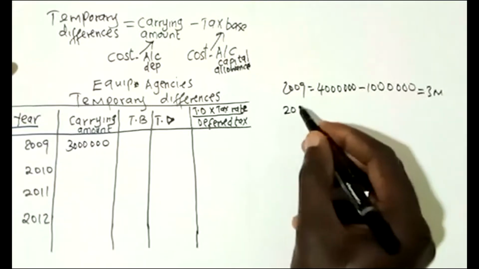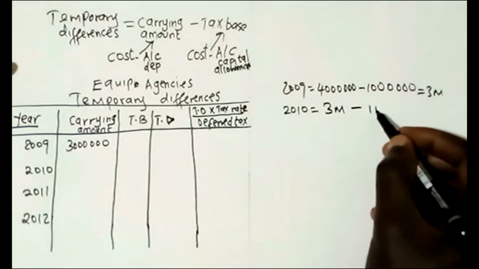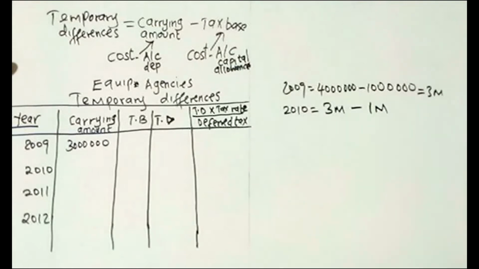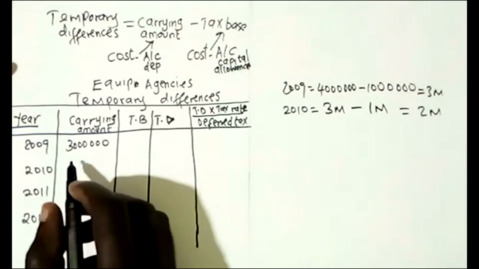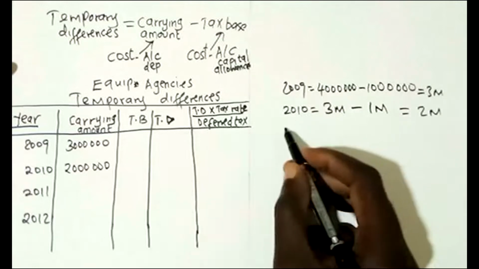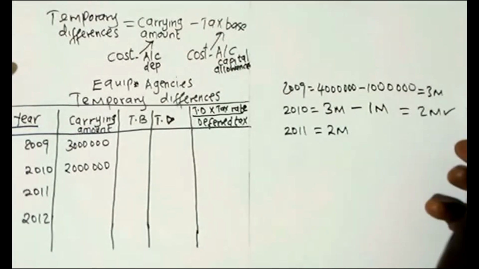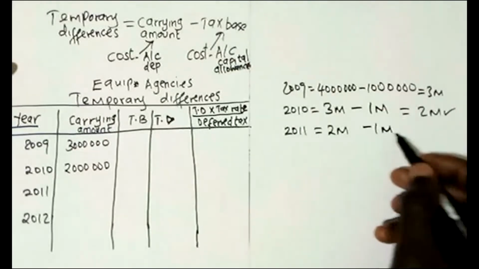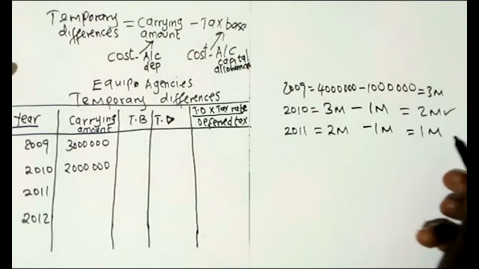In 2010, we take the 3 million minus the 1 million of the next year, because now it's accumulated depreciation. So we remain with 2 million. The third year, 2011, it's 2 million minus the 1 million, which is 1 million.